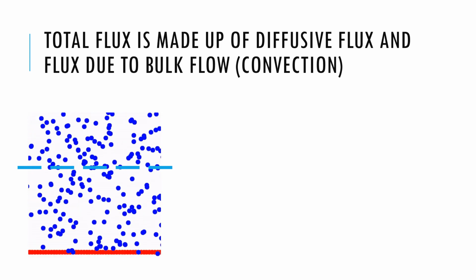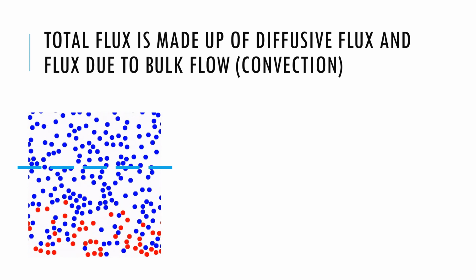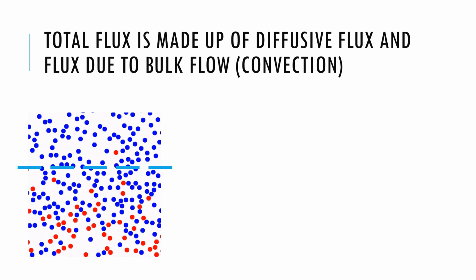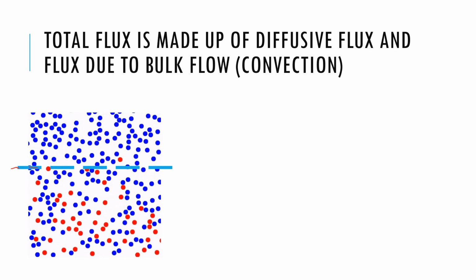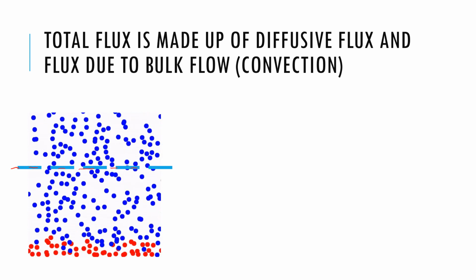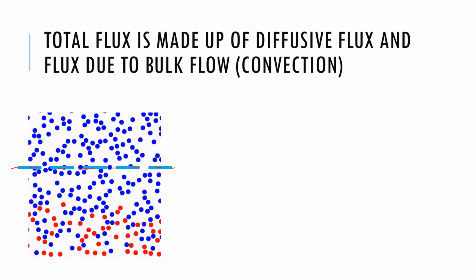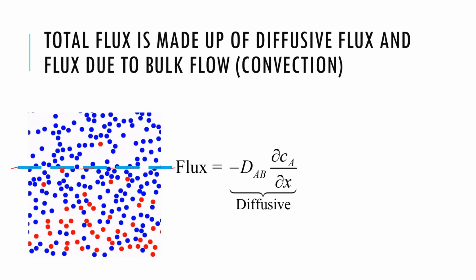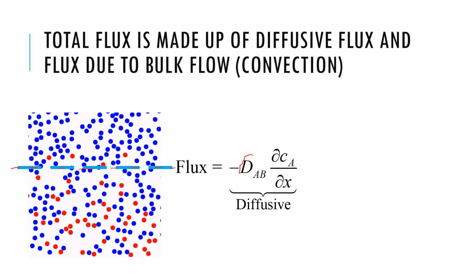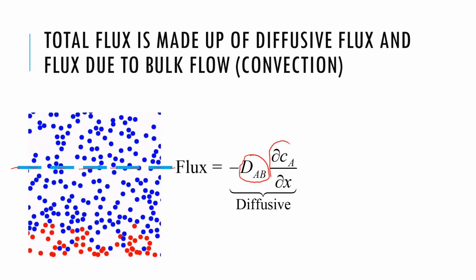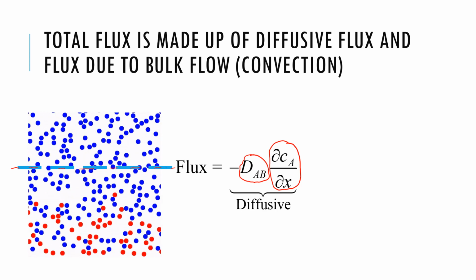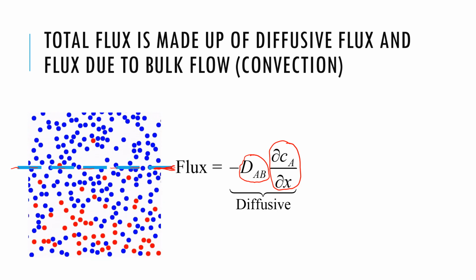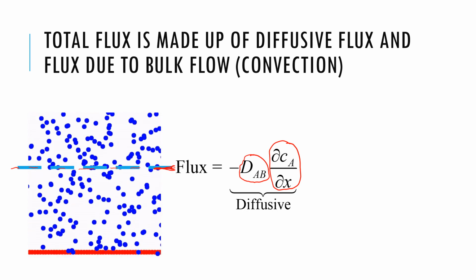And so I want to write the flux of red into blue. For that, I have drawn this imaginary line at which I want to write the flux. The diffusive flux is simply diffusivity times the concentration gradient at this point. So that's my diffusive flux from Fick's law.